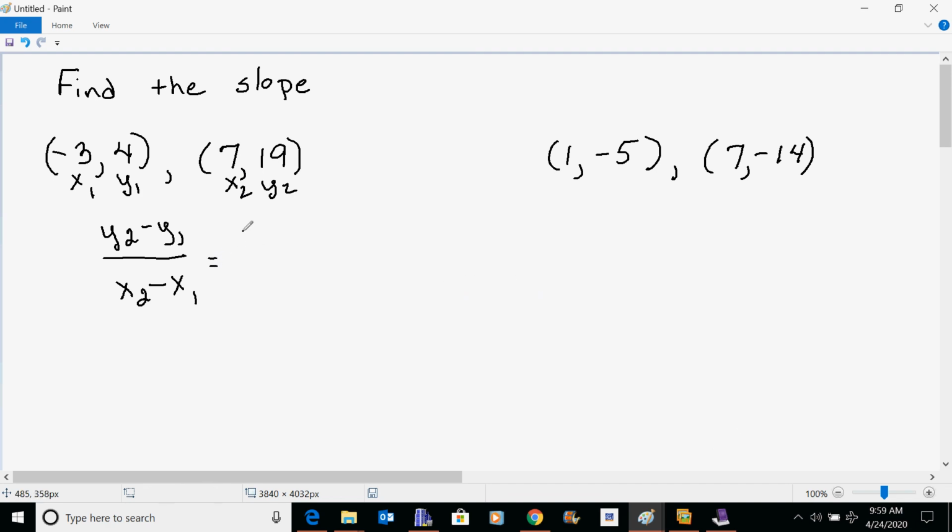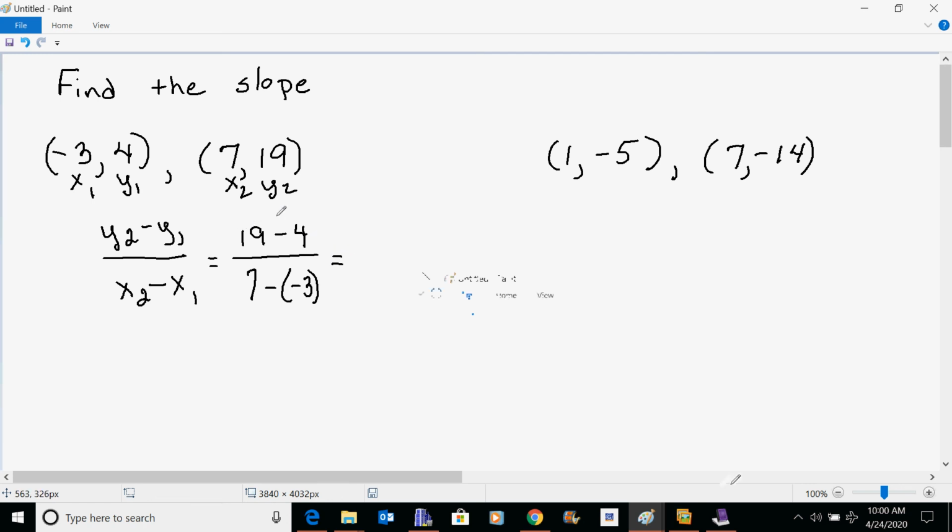y2, 19, minus y1, 4, over x2, 7, minus negative 3. And if you put parentheses around the negative, it does help you to keep track of what's happening.